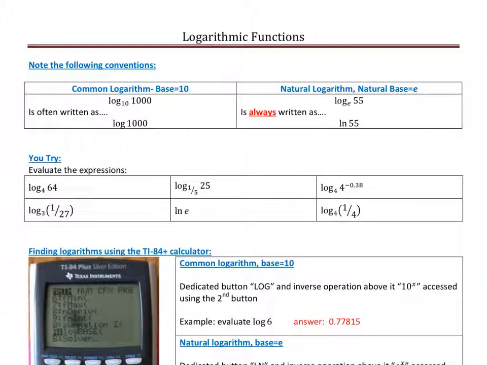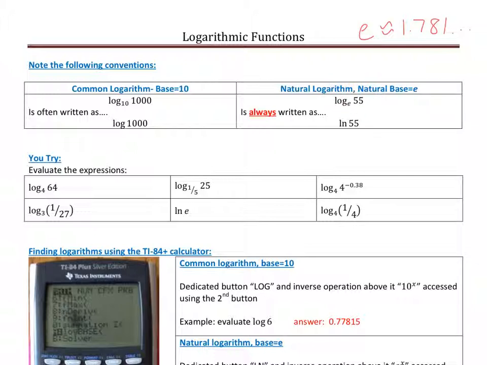Now, there's also something called the natural logarithm, and we talked in the last section about the natural base e. Remember, the natural base e is approximately 2.718... It's a constant, but it's a constant that's used in all kinds of real-life situations. And when you see a log with a base of e, you will never see it written like that in a textbook.